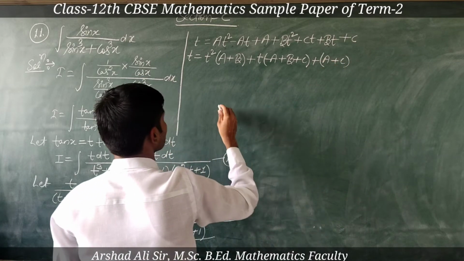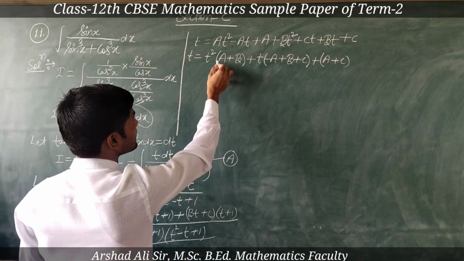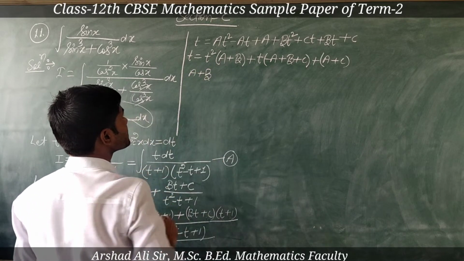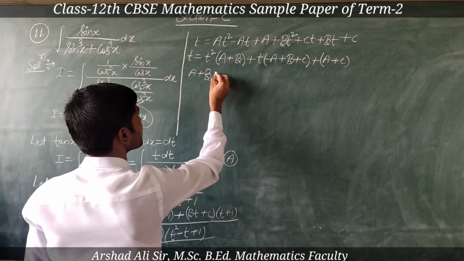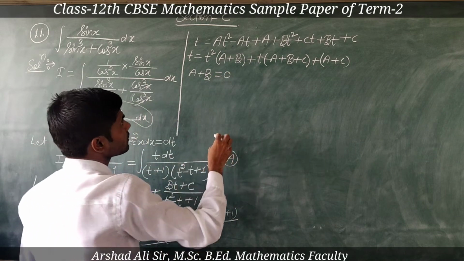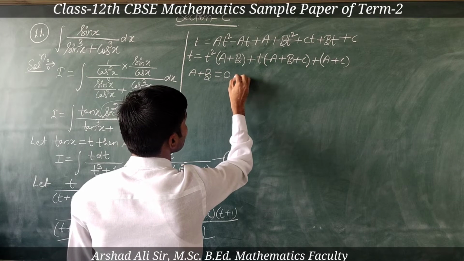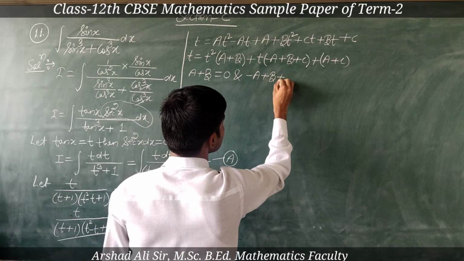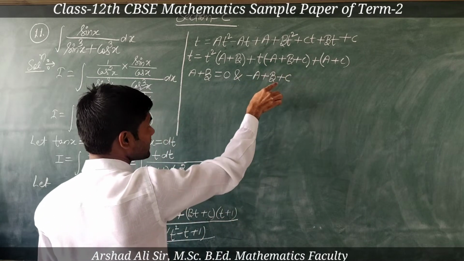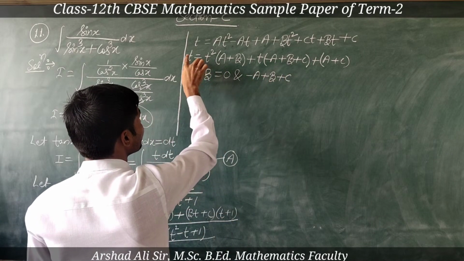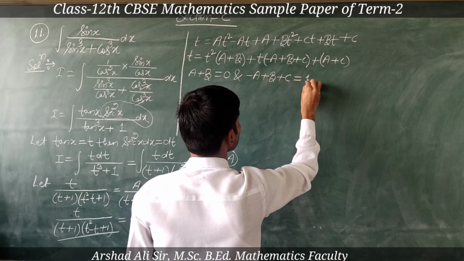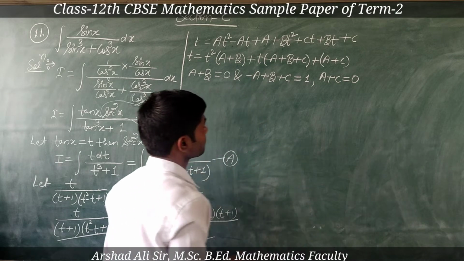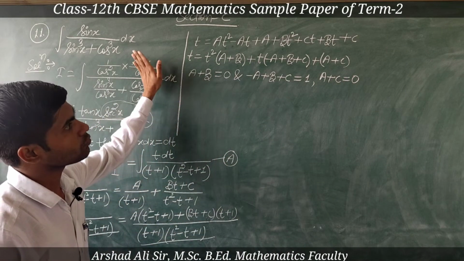Now we can compare: what is the coefficient of t square in the right side, a plus b, and what is the coefficient of t square in the left side, 0. Okay, a plus b equal to 0. Here minus a plus b plus c is the coefficient of t in the right side, and what is the coefficient of t in the left side? That is 1, and a plus c is the constant term. We can write 0 because in the left side we don't have any constant term.